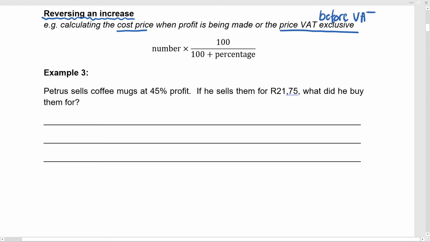So those are two really good examples when you would have to use this formula of reversing an increase. So it's doing an increase backwards. It's finding out what it was before the increase.